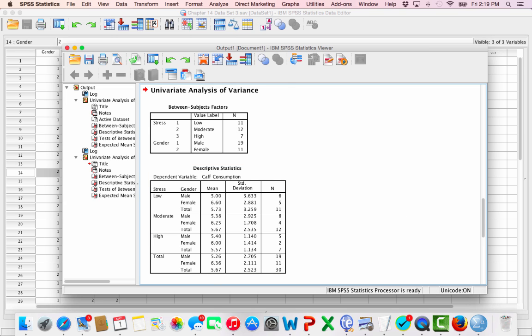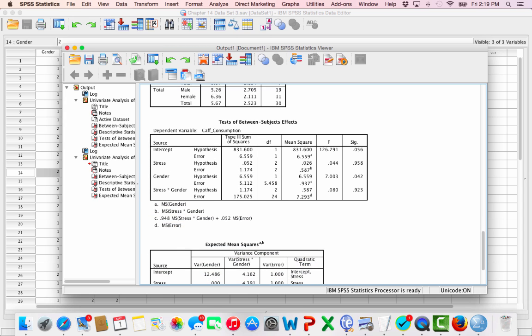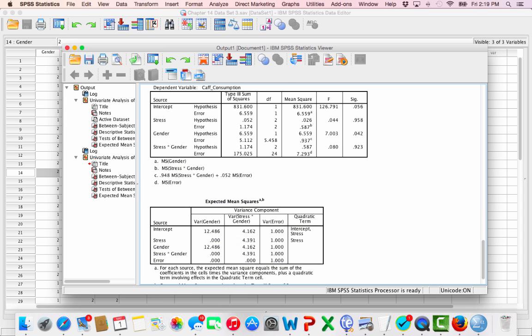Let's take a look at the analysis portion, the good stuff. This looks at determining which were significant. We have the stress, the gender, and the stress star gender indicates the interaction of stress and gender.